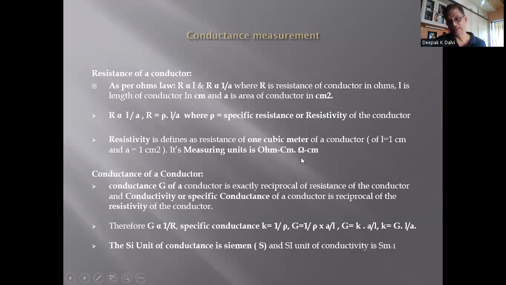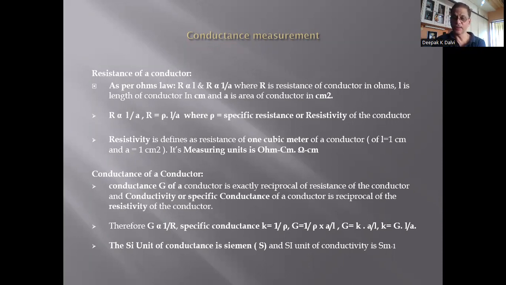Ohm centimeter. You can understand this from the formula also. You can keep rho on one side, take A here and length down here. So centimeter square divided by length will be centimeter, and the resistance unit is ohm. So it is ohm centimeter.